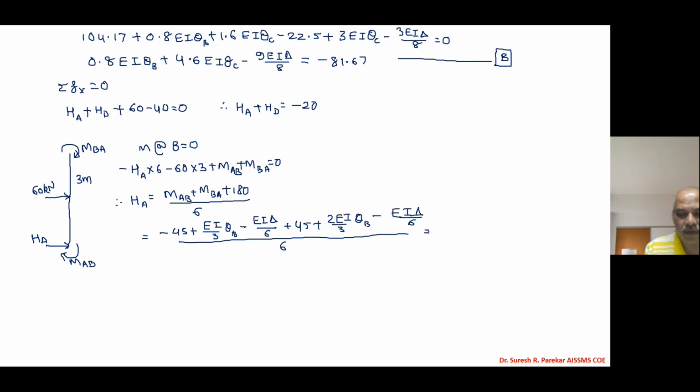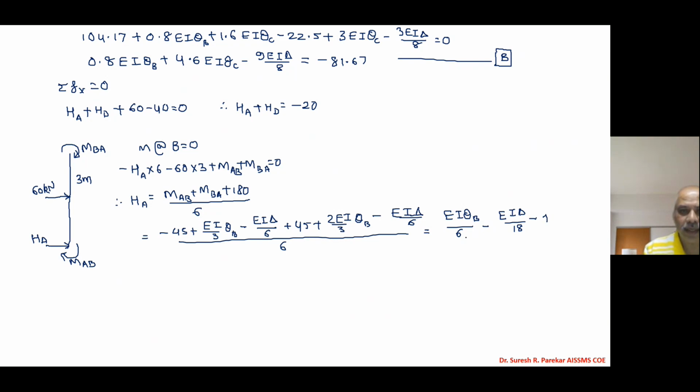And solving this, we get EI theta B upon 6 minus EI delta upon 18 minus 10.